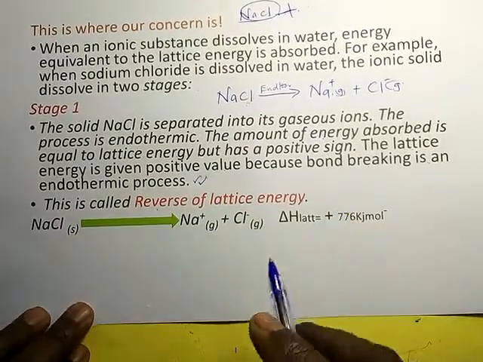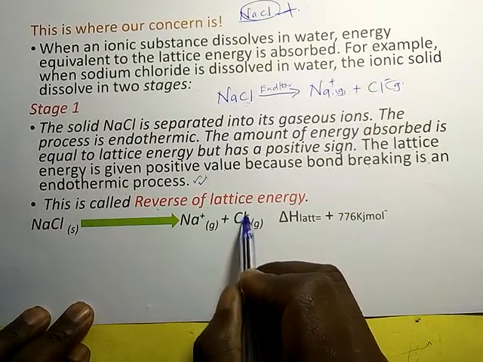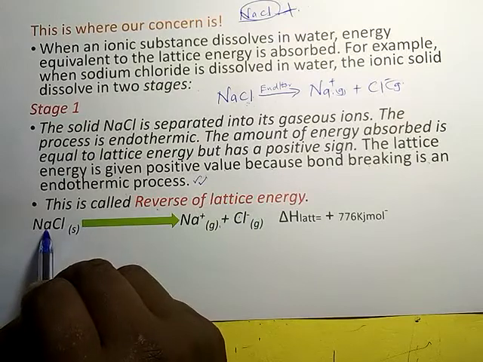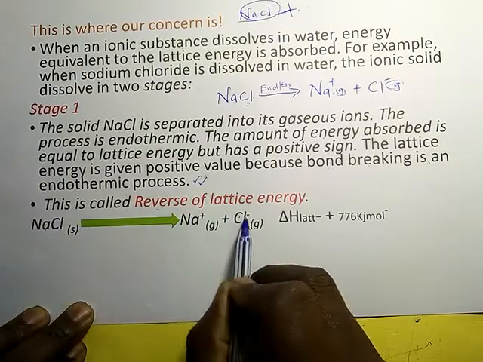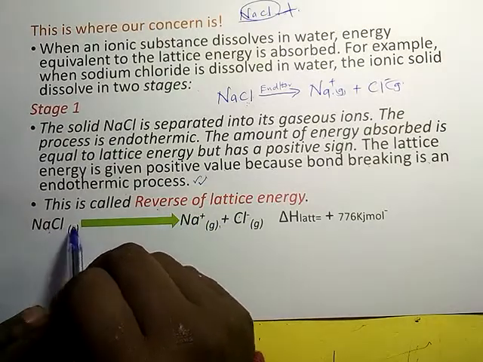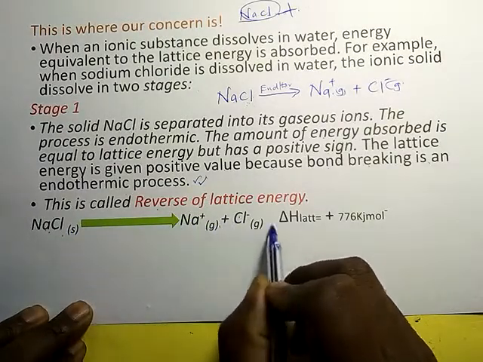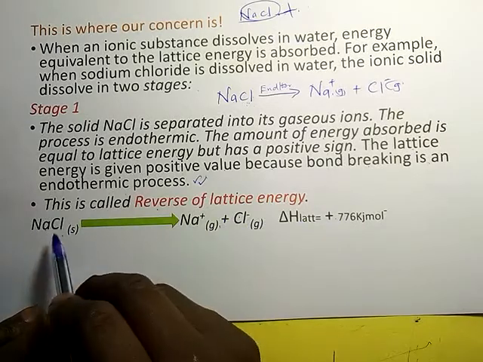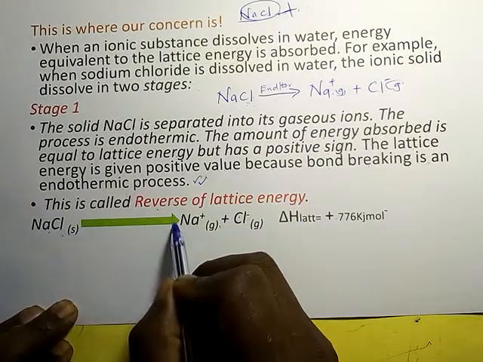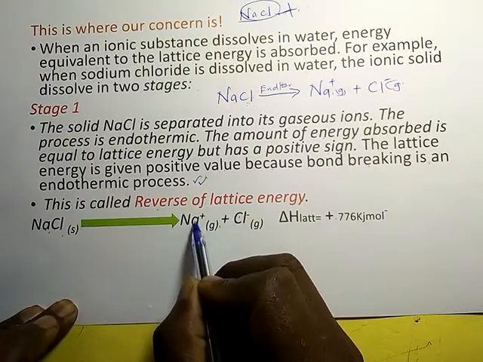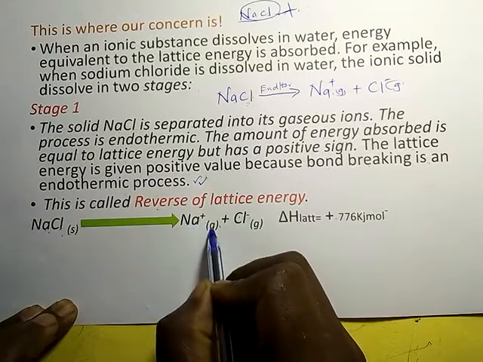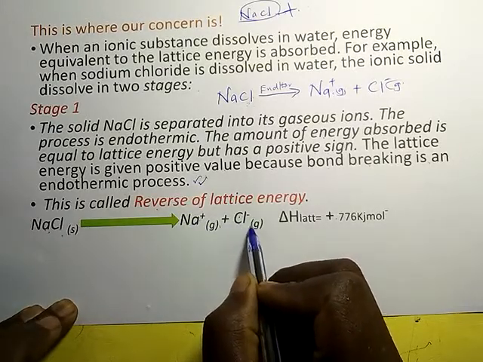Remember, lattice energy was the ions in gaseous form forming sodium chloride. When you go this way, you form bonds of sodium chloride and the lattice energy is negative. But now sodium chloride is dissolved in water. It breaks apart and is separated into its gaseous ions: sodium ion in gaseous form, chloride ion in gaseous form.